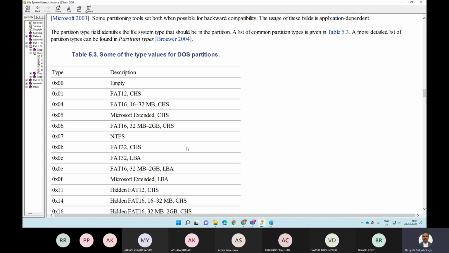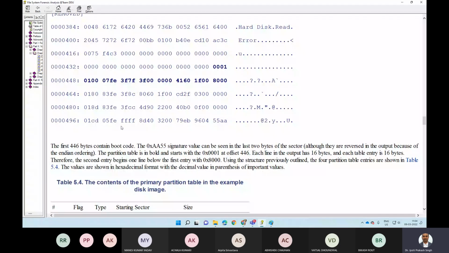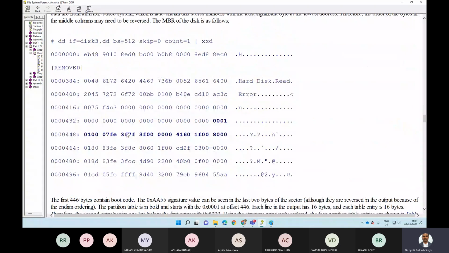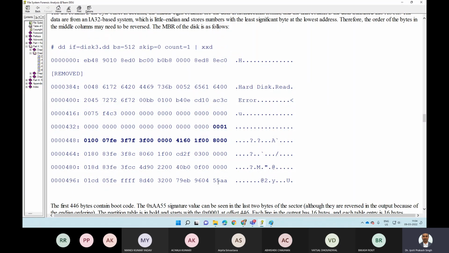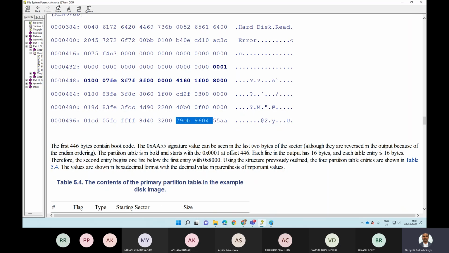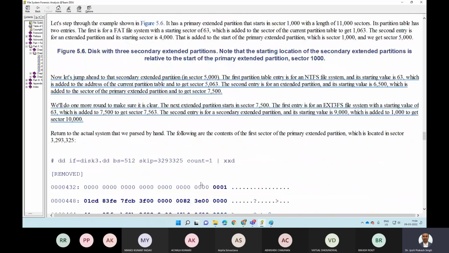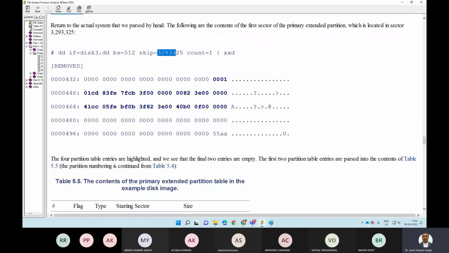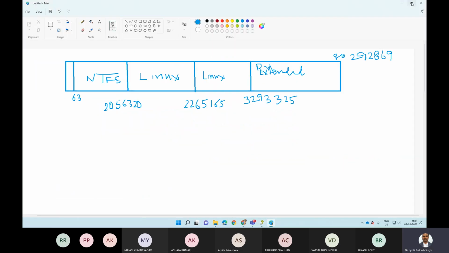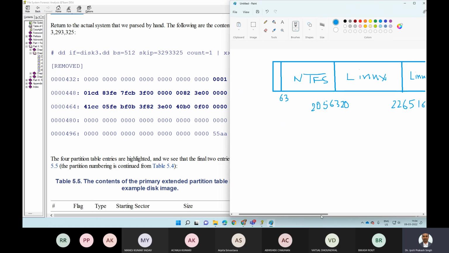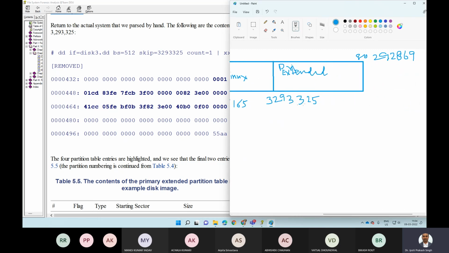And if you continue this one, so they have again given further. So this was one. Now you know that the extended partition ended at this location. So if you want to further see what is there in that extended partition, you can issue another command like this. If you skip the earlier part, earlier, if you recall, the last one from where extended was starting is this one. 3293325.